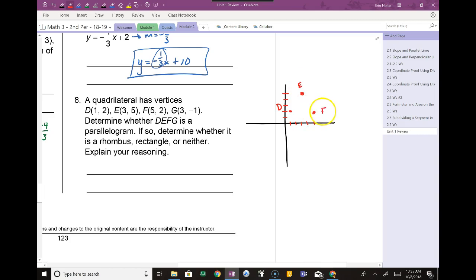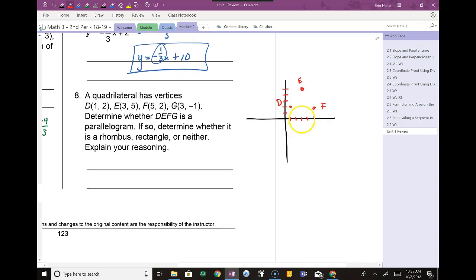So that's F. And G is 3, -1. I tried to draw that as close to a nice scale as possible. If I connect these dots, that really looks like all those lengths are the same to me. So I want to prove that this is probably a rhombus.